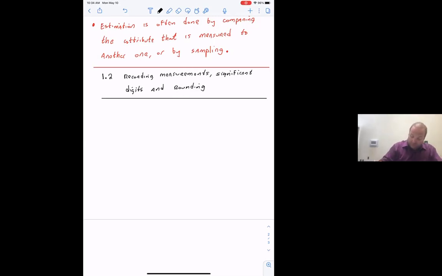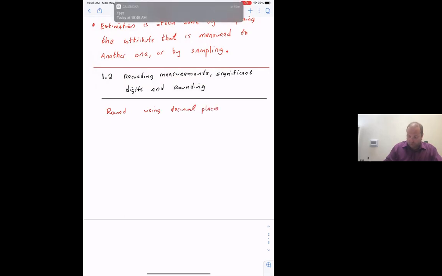So there are essentially two ways to round. We can round a number using decimal places or using significant digits or significant figures.